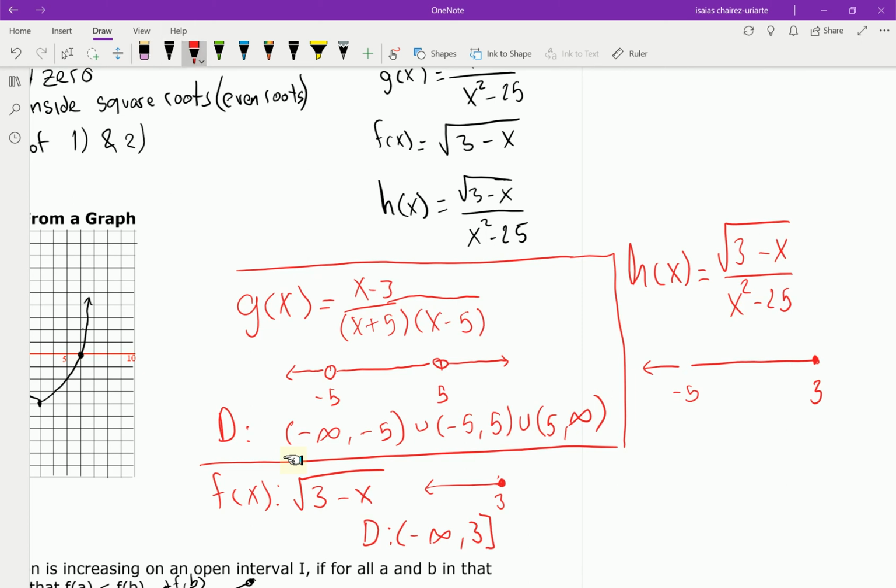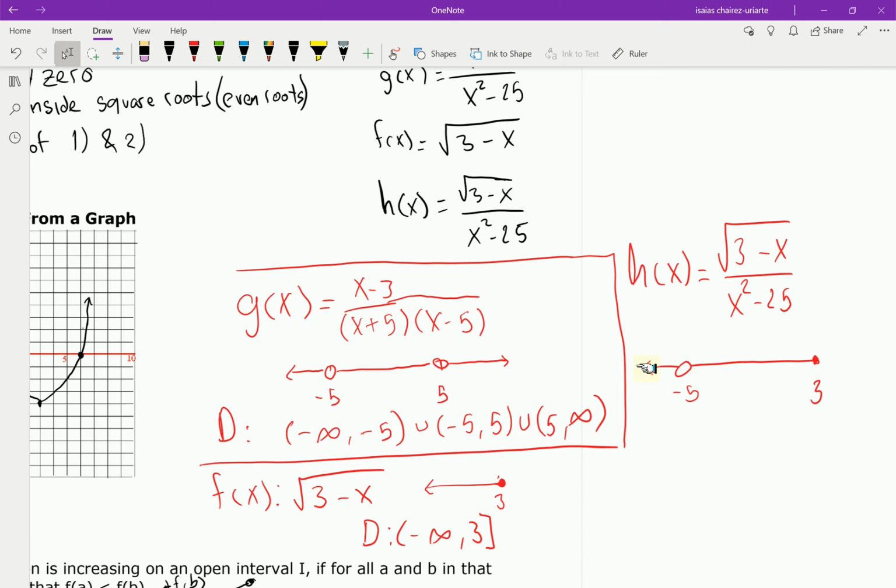So I am going to go ahead and think about this. Negative infinity to 3. The values between negative infinity and 3 are okay, because those are the ones that make the inside of my square root positive. But negative 5 makes my denominator 0, so I should get rid of it. And so all the numbers that remain are my domain.